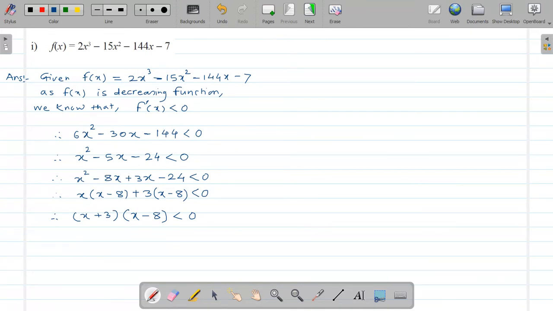Now see here, x plus 3 and x minus 8 are two real numbers, and the product of the two must be negative. So what will we do? To get a negative product of two real numbers, we have to consider two cases.